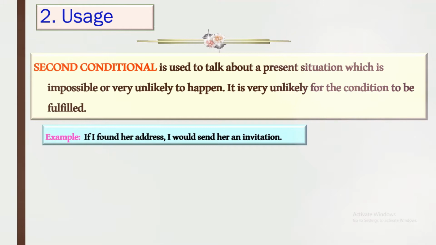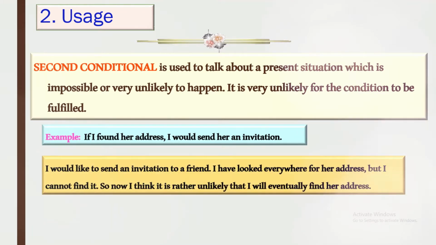If I found her address, I would send her an invitation. I would like to send an invitation to a friend. I have looked everywhere for her address, but I can't find it. So, now I think it's rather unlikely that I will eventually find her address. That's why I said, if I found her address, I would send her an invitation.